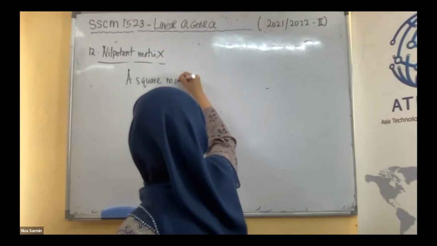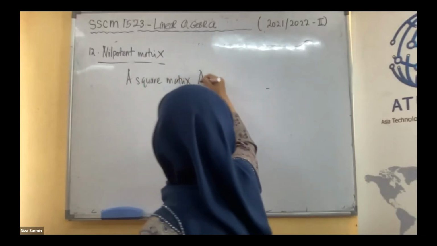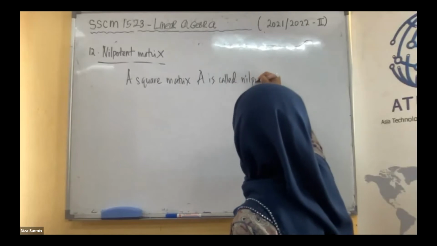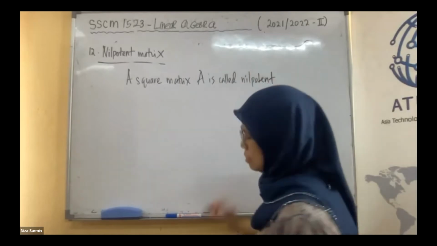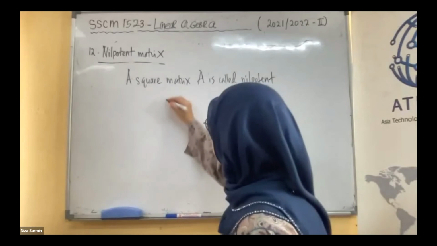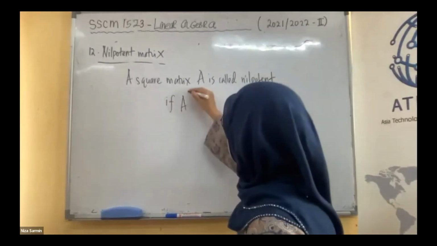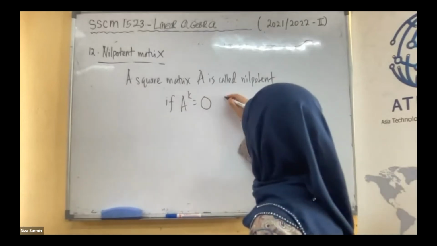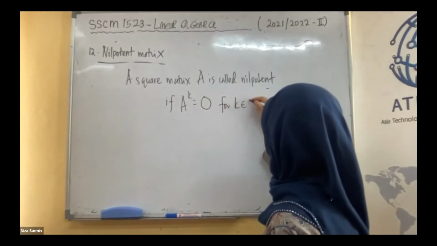A square matrix A is called nilpotent if A to the K is the zero matrix for some positive K.